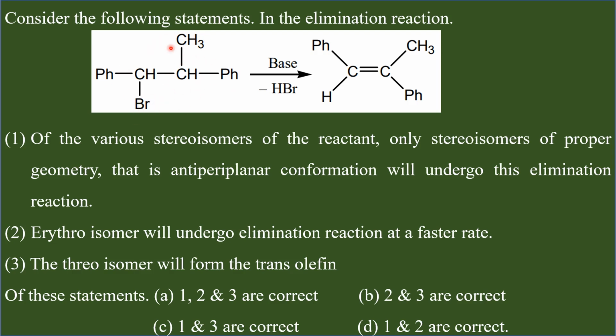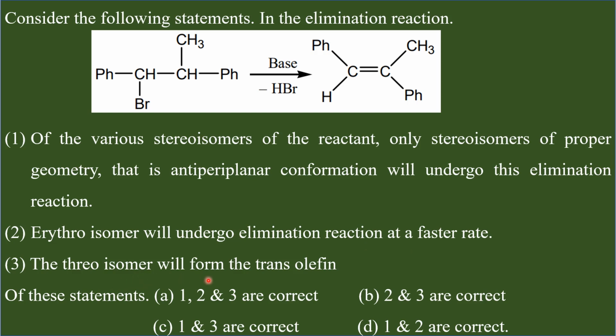So this molecule can have erythro and threo isomers. So the erythro isomer of this compound will undergo elimination reaction at a faster rate. Now we have to check whether these statements are correct or not.